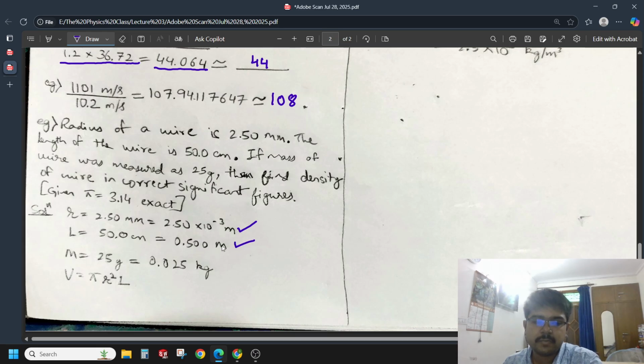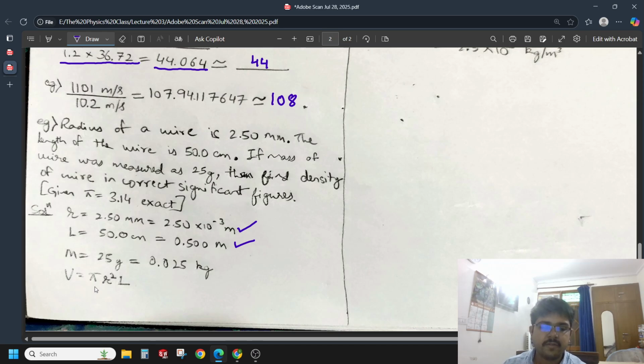Why I have written two zeros here is because we have three significant figures here, so we will have three significant figures in meters also. So changing units in any measurement does not change the significant figures in that measurement. Mass we are given 25 grams, so in kg it will be 0.025 kg.